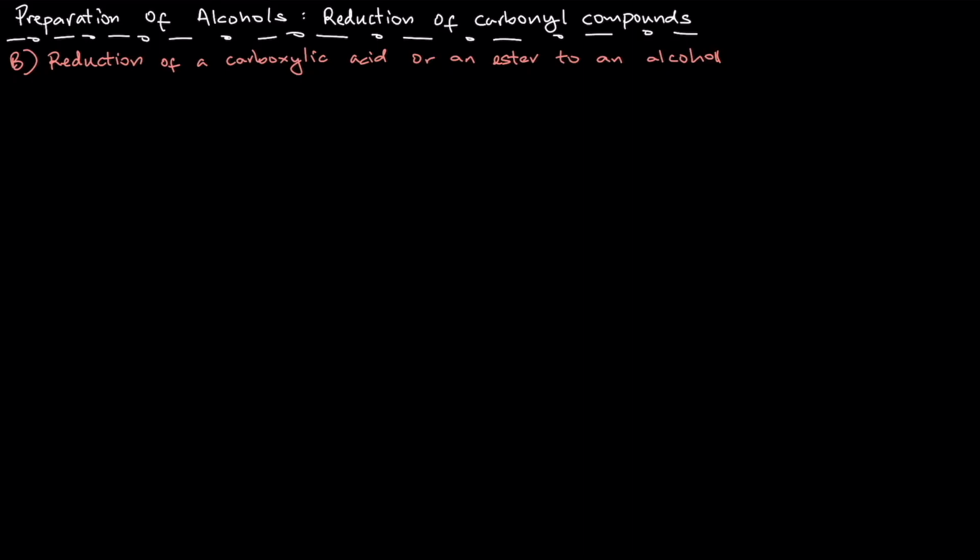So other carbonyl-containing compounds can also be reduced to prepare alcohols. You can reduce a carboxylic acid or an ester to an alcohol form. However, in these cases, excess lithium aluminum hydride is needed for these reactions.